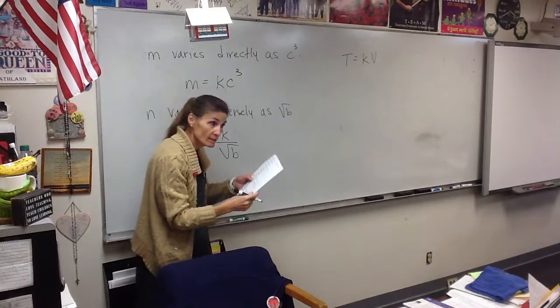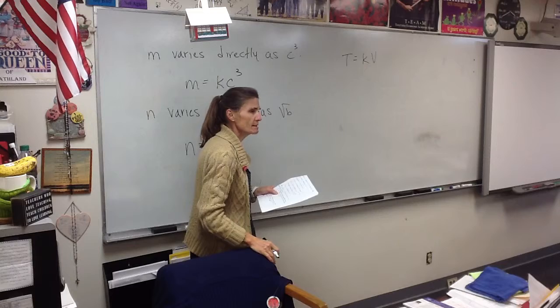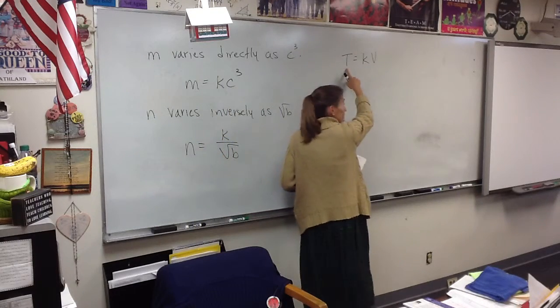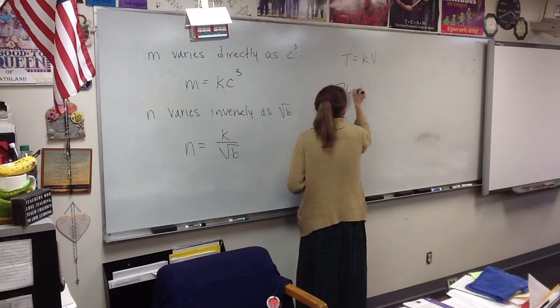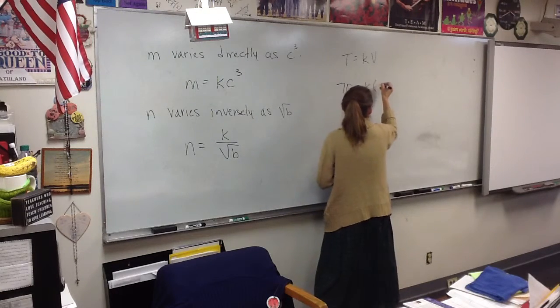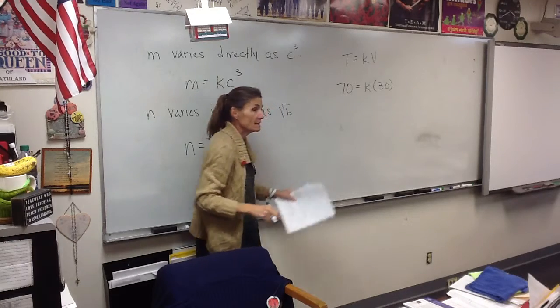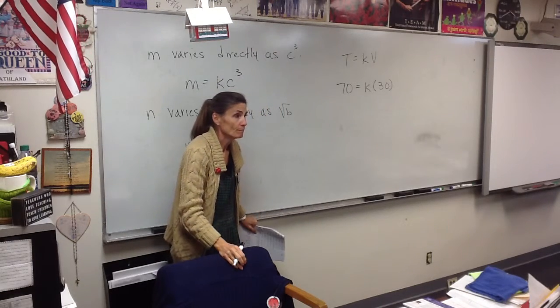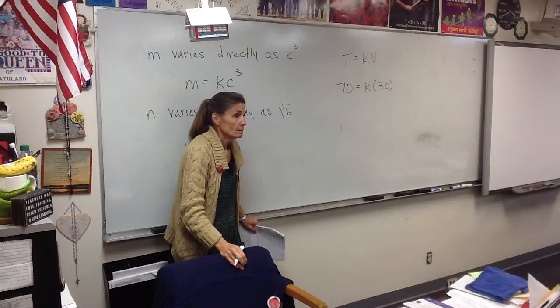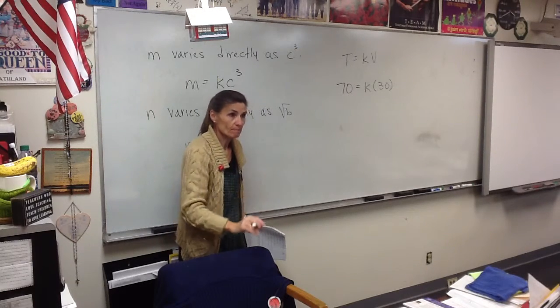All right, first sentence gives me my formula. Let's look at the next sentence. If the temperature is 70, then the volume is 30. Now look at what I did. Does that make sense to you? It gave me a temperature and a volume.